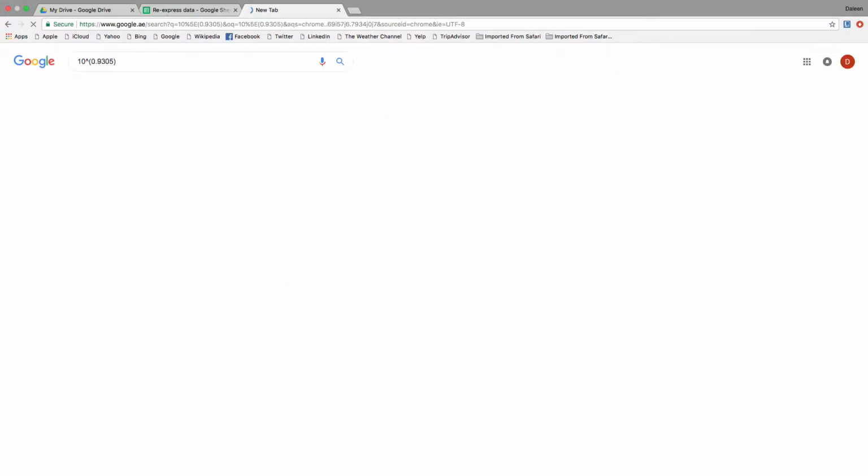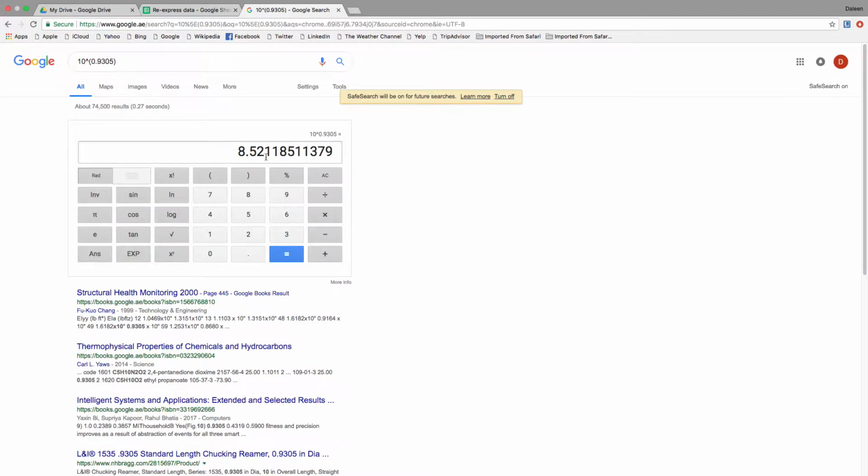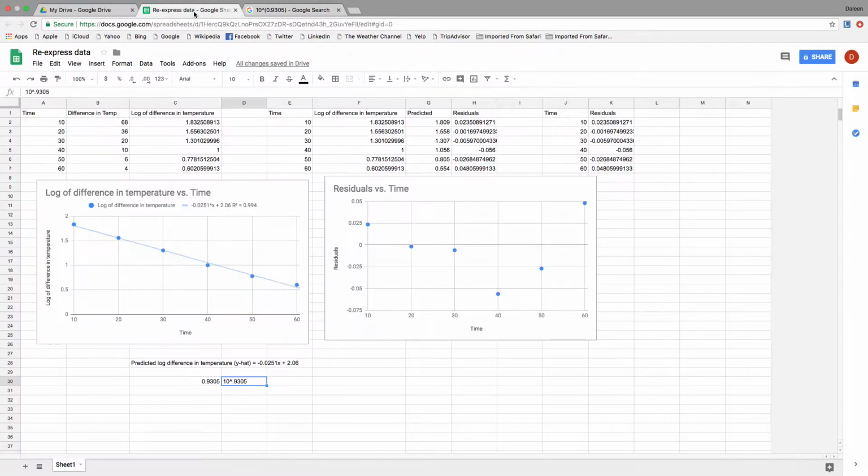And it's telling me my predicted value is 8.52. So even though the answer I got was 0.9305, that's not the final answer. That's the logarithm of the difference in temperature. Now we take 10 as a base and raise it to the answer. So 10 is your base.